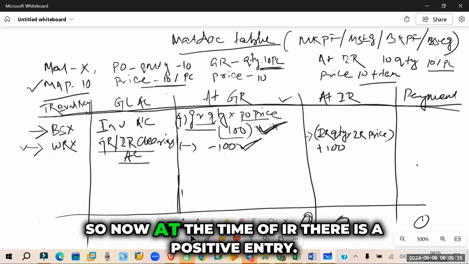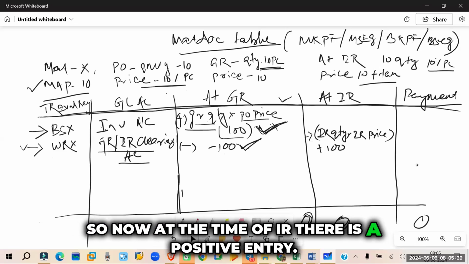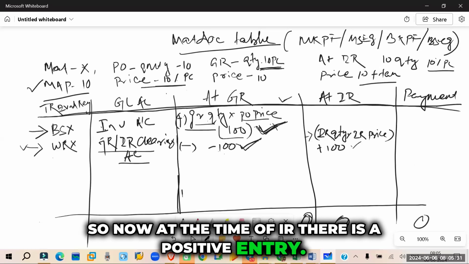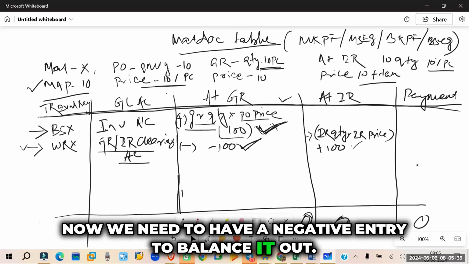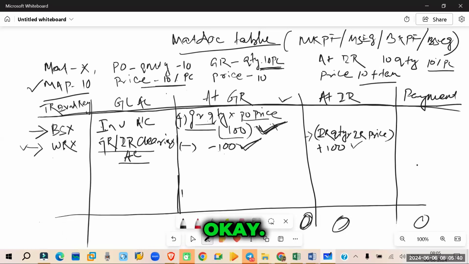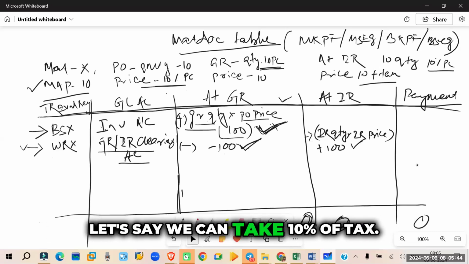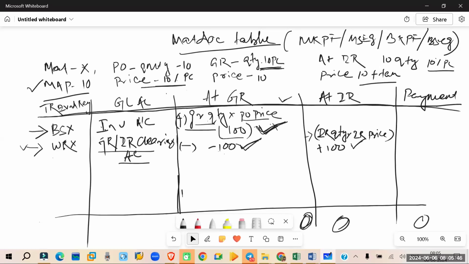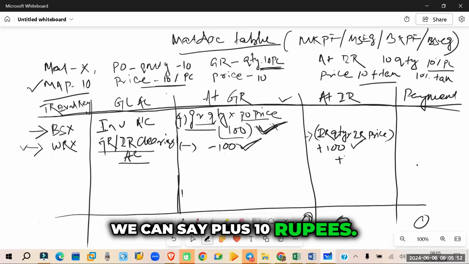So now at the time of IR there is a positive entry. Now we need to have a negative entry to balance it out. At the time of IR, this is the price, and here you will be having some taxes. Let's say we can take 10% of tax, plus 10 rupees.